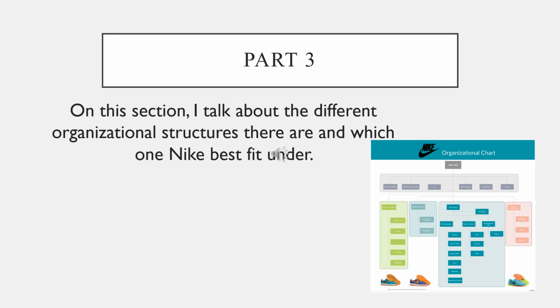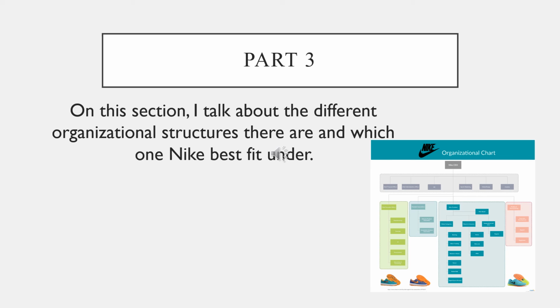And part three of the paper is where I dive deep into the organizational structures that a business can fall under and which one Nike falls under or best fits. The four organizational structures are functional, conglomerate, divisional, and matrix.